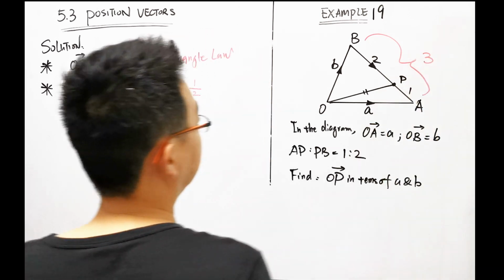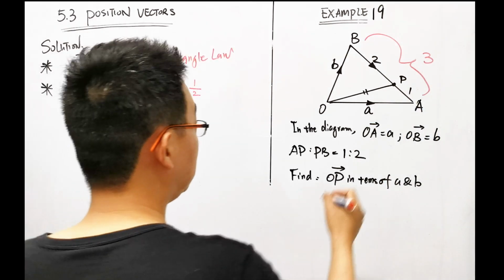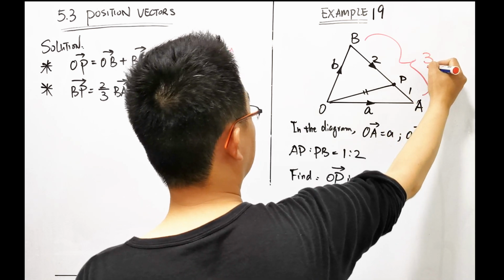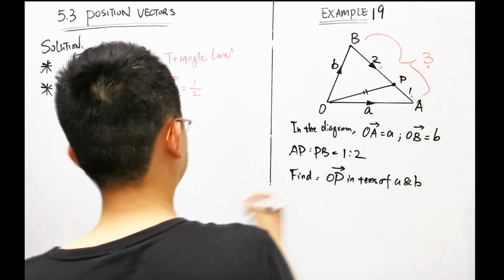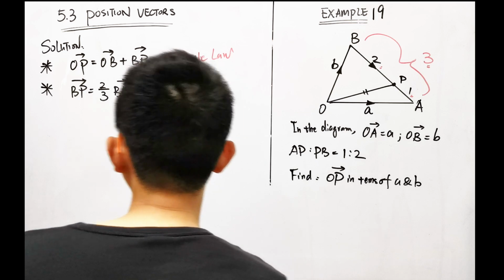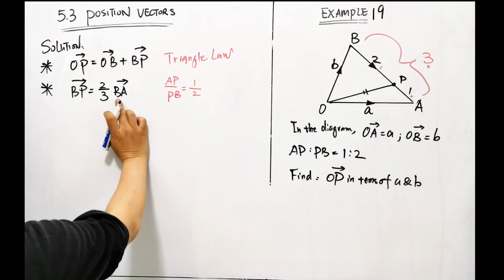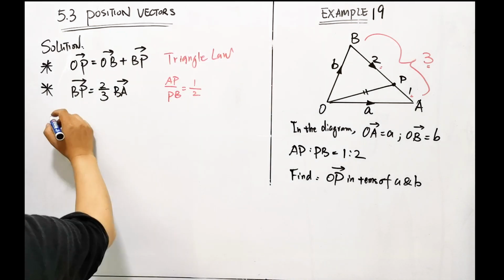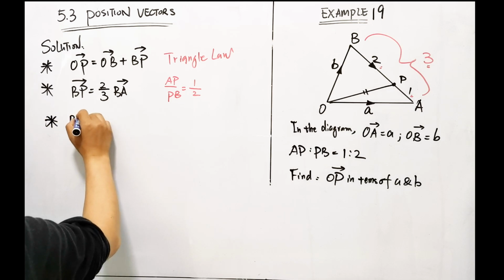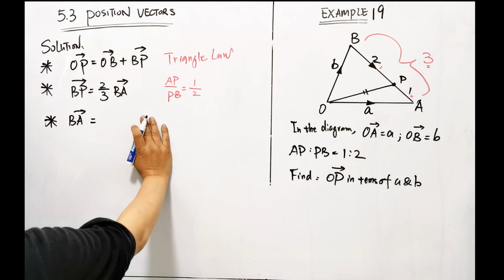Here it is 1, here it is 3. So from here now we need to find out what's the BA.